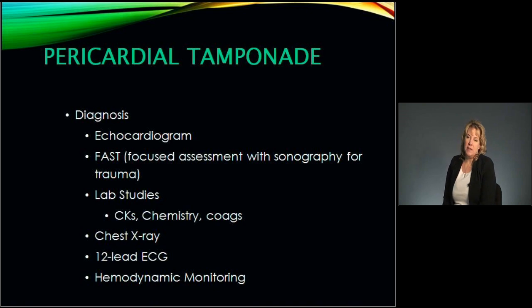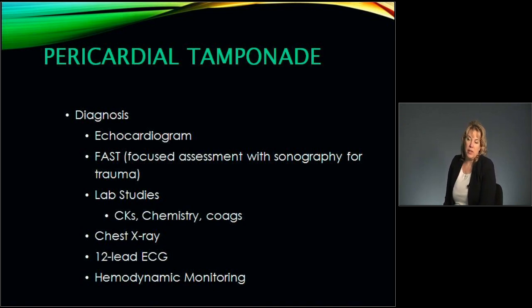So for diagnosis of a pericardial tamponade, an echocardiogram will certainly be able to diagnose that, and we'll see the fluid accumulating around the outside of the heart. They can do a FAST scan, which is a focused assessment with sonography for trauma. So again, they can look at abdominal sources if it's a patient that comes in through the emergency room to see if there's something that's causing fluid accumulation or bleeding versus whether it's in the thoracic cage.